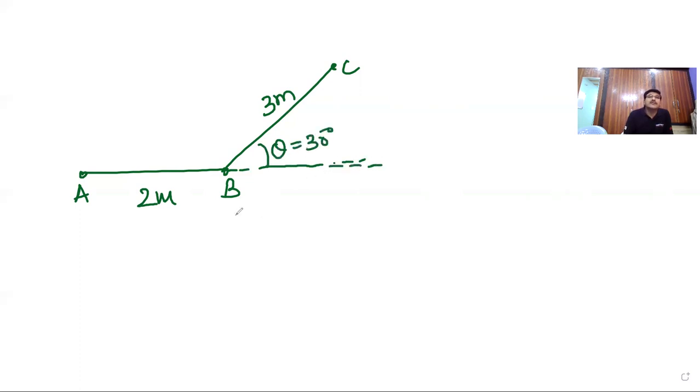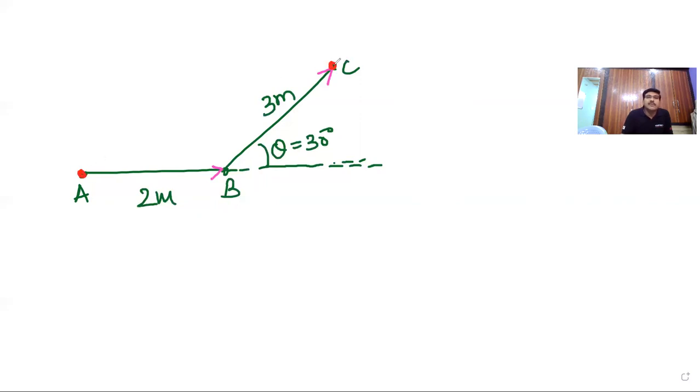This is A, this is B, AB is 2 meters magnitude, BC is 3 meters magnitude, this is horizontal, it is making theta, that is 30 degrees. Now, directions. AB bar, A to B, tail to head. BC bar, tail to head. Now, AB bar plus BC bar. What is the displacement? Displacement is the shortest distance between initial and final point.